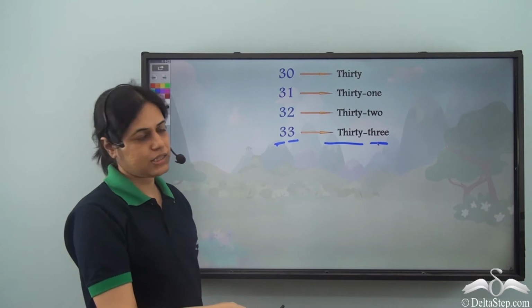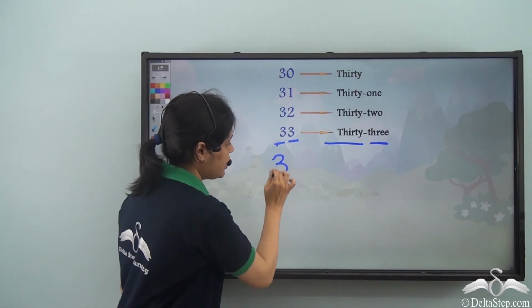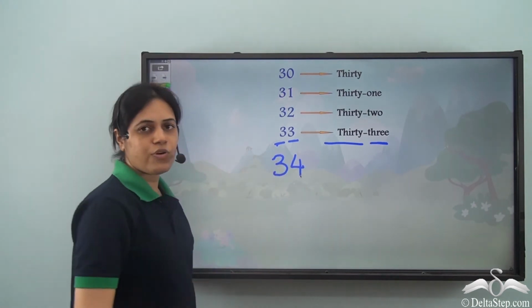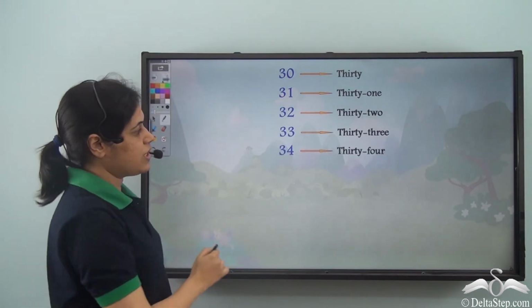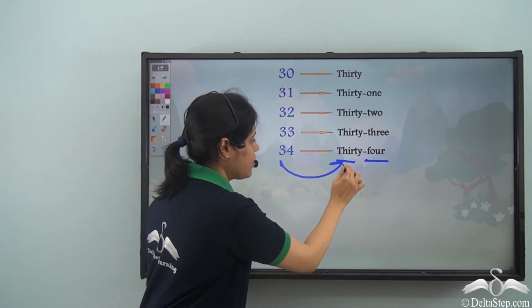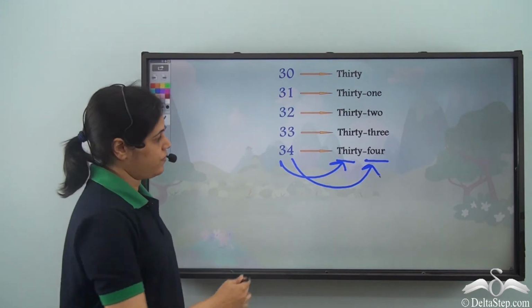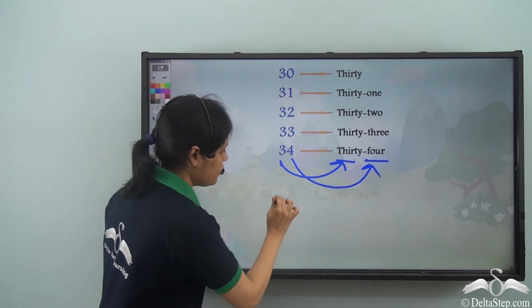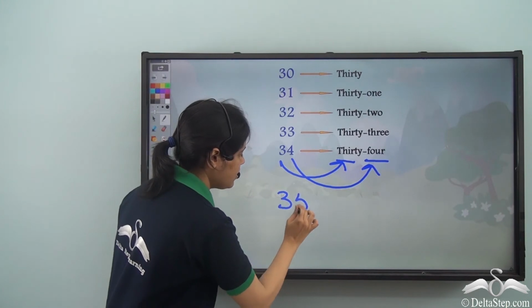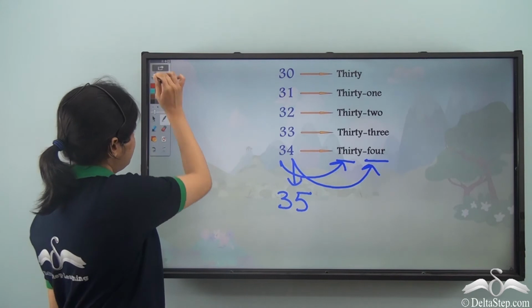So 33. After 33, we will have 3 and 4 coming together to give 34. After 34, 3 and 5, because we have 5 coming after 4.